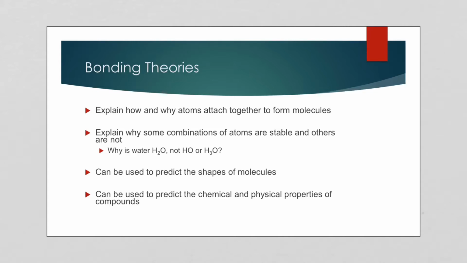We can also try to explain why some things don't form. Why are certain structures stable and other structures not stable? So, why is a neutral H2O molecule stable, but a neutral HO or H3O is not? And so we can try to answer why some combinations form, why others don't.